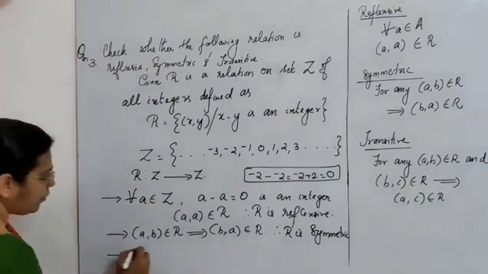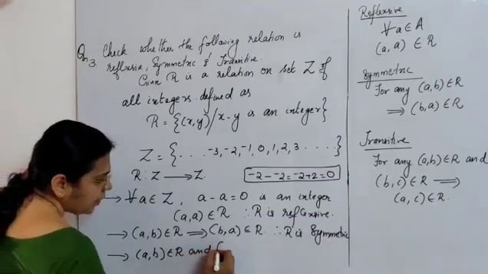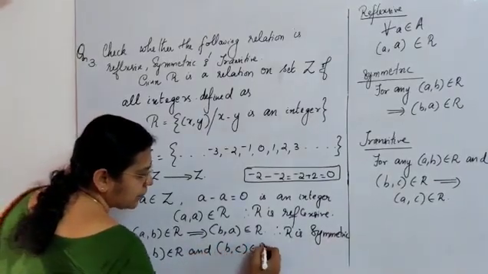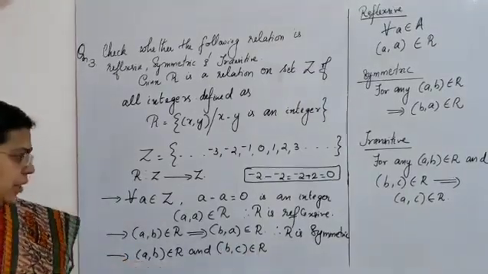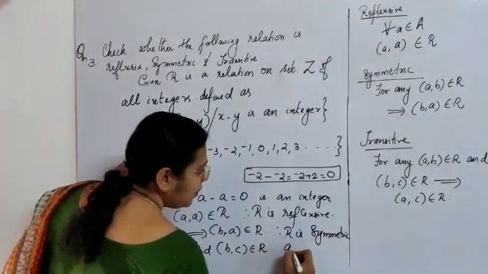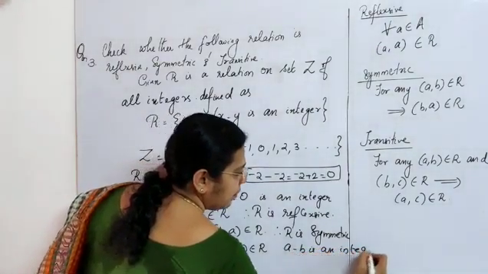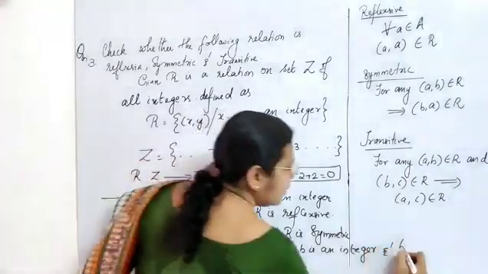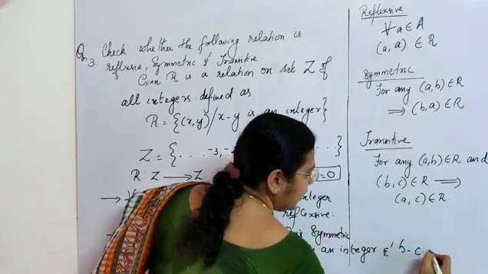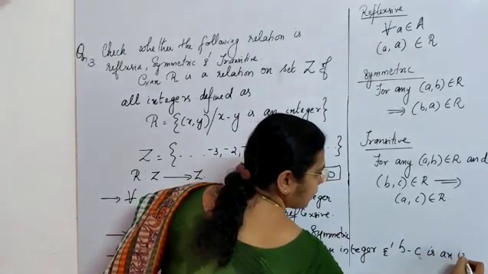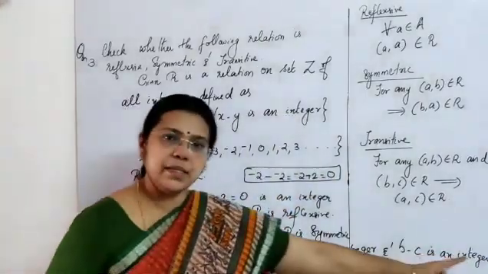And finally, the last one, transitive. Now, for any (A, B) belongs to the relation and (B, C) belongs to the relation, that means A minus B is an integer and B minus C is an integer. That is what is given here. What must I see? Whether A minus C is also an integer.